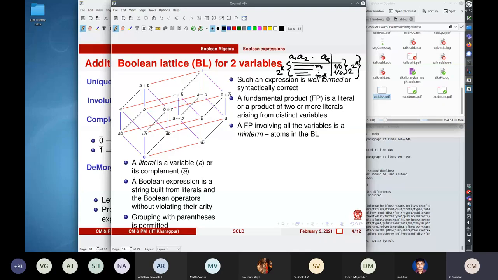You also get it from the Stone representation of a Boolean lattice, and as you can see, from the irredundant, irreducible sum representation, any element of a Boolean lattice essentially corresponds to one of these Boolean functions, so a certain choice of the min terms. All right.